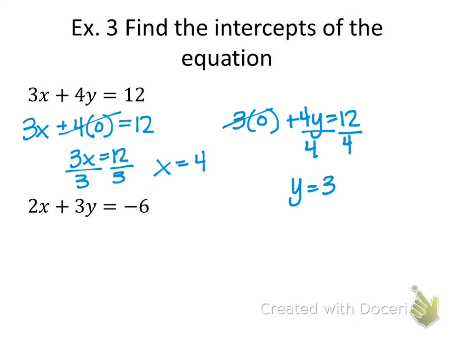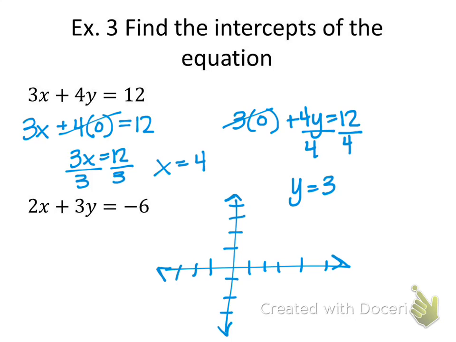So I know my line crosses the y-axis at positive 3. So if I were to graph this line, it would look like this. It would cross the x-axis at positive 4 and the y-axis at positive 3. Oops, that's not a very straight line. It would go just like that. All right, so that's how you find the x and y intercepts.